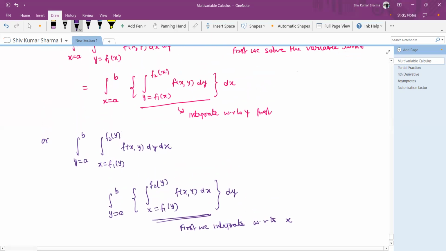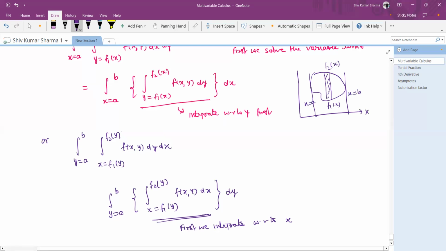So you can see which type of cases arise. Here we have a curve, and we take the elementary strip parallel to the y-axis. Suppose the boundary of this curve is f1(x) and f2(x), and the ordinates are x equal to a to x equal to b.